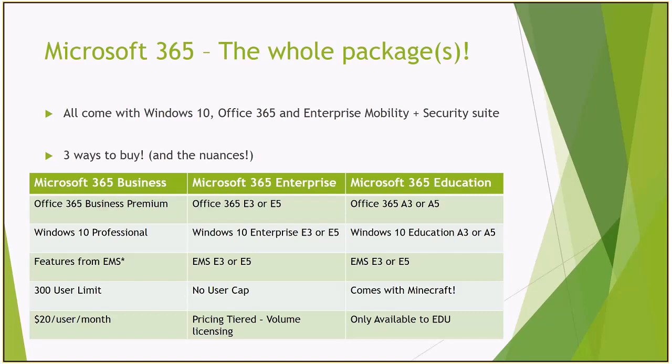So a lot to catch up on that end, but this is what's included when you purchase the bundle offer of Microsoft 365. Education does come with Minecraft, but other than that, the only really notable difference is that the small business edition, Microsoft 365 Business, is limited to 300 users. The enterprise version is not, and again, the big differentiator between E3 and E5 would be VoIP capabilities.